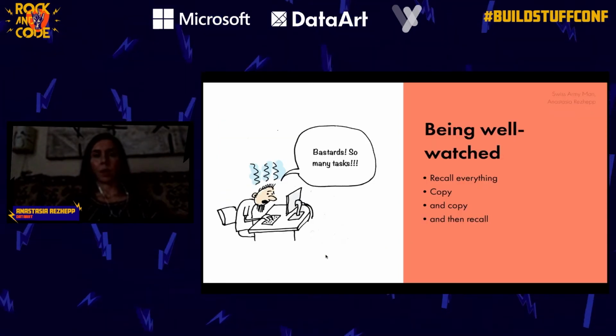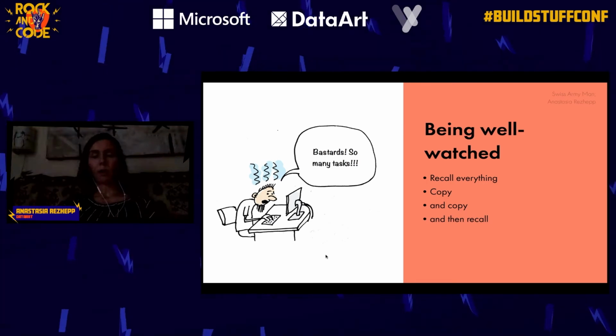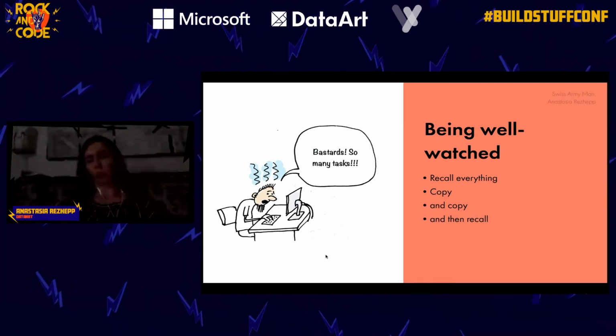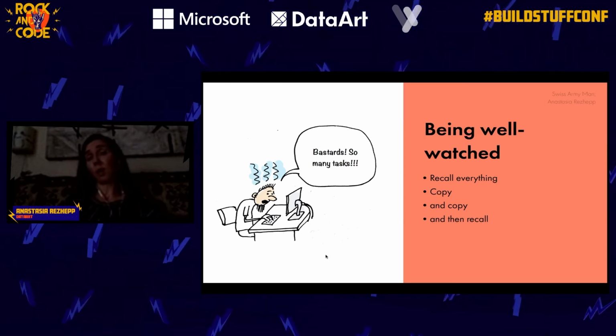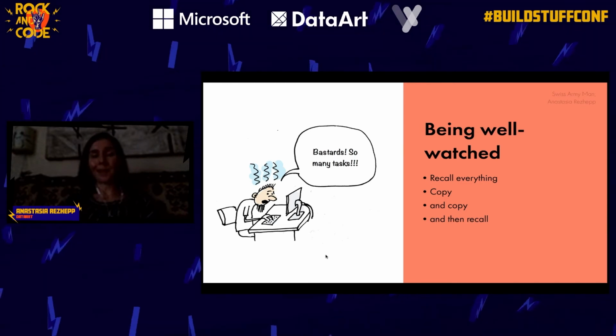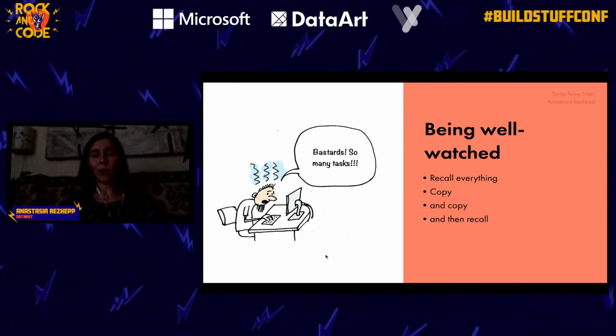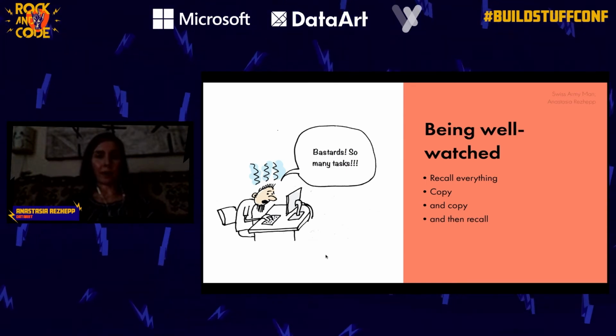The next is about being well watched. And here are basically two pieces of advice. The first one is to try to remember everything that you see. And the second is the technique that we also use with our trainees. We ask them to copy things.